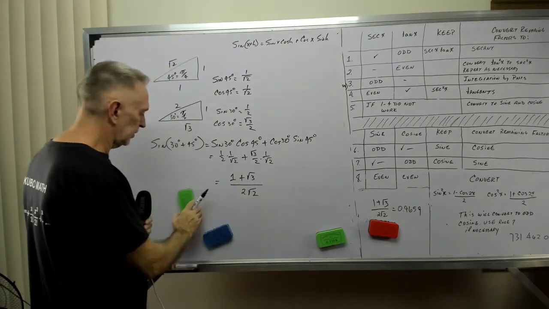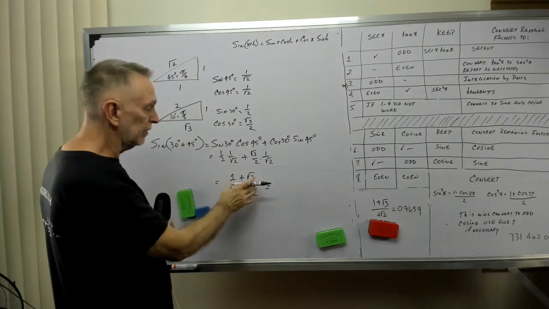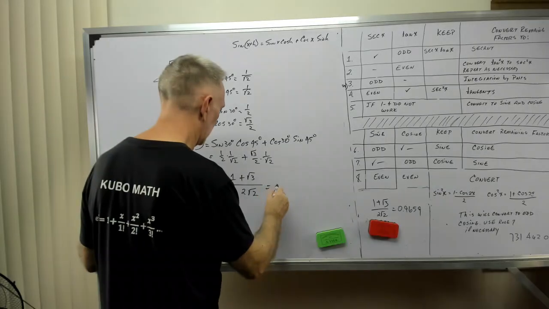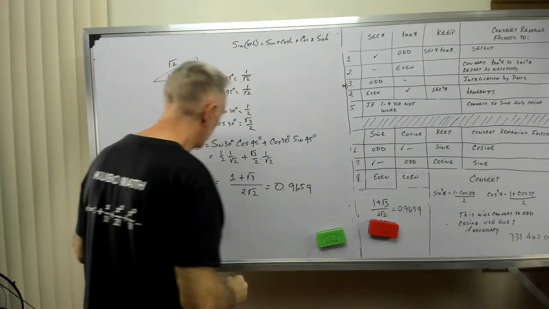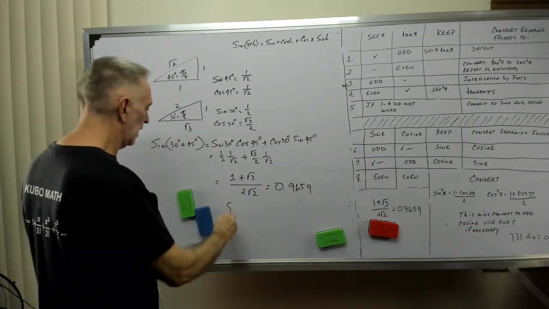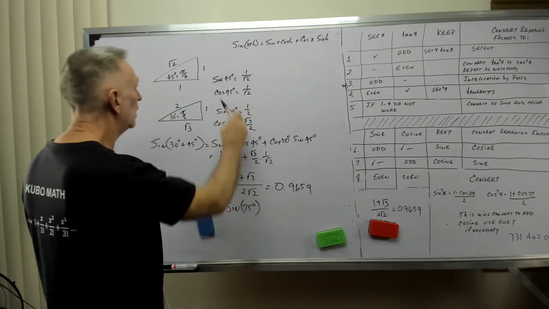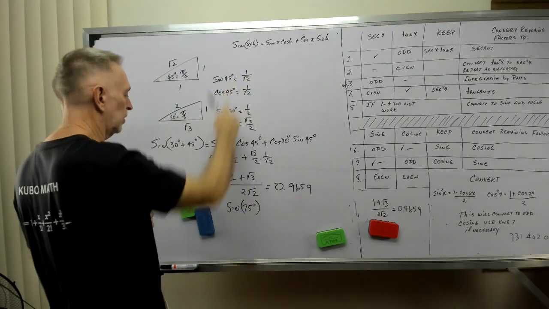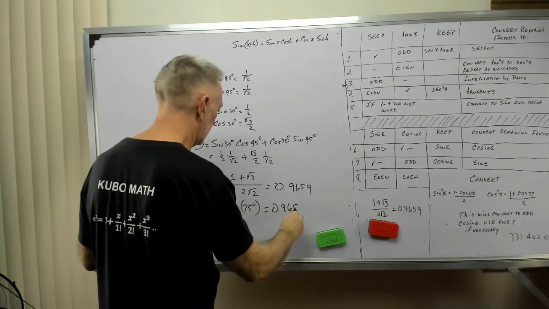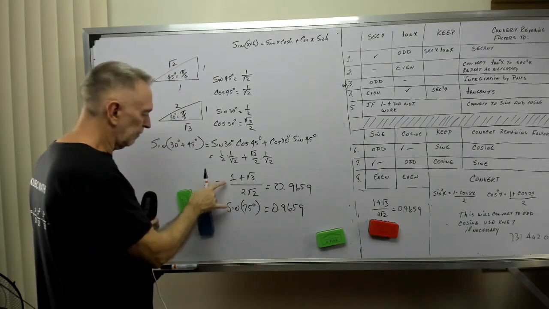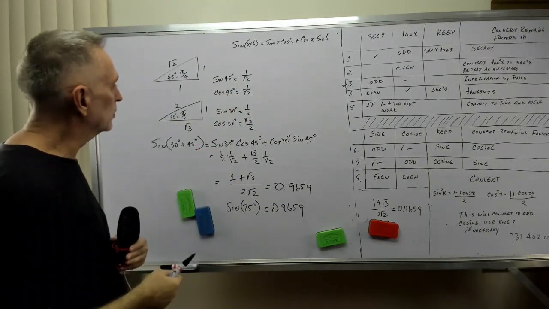If you put this in your calculator, back in the day we would leave it this way, you'll get 0.9659. If you take the sine of 75 degrees, and that's 30 plus 45, you will get 0.9659. So from this, I can feel comfortable using that formula, the sum of two angles.